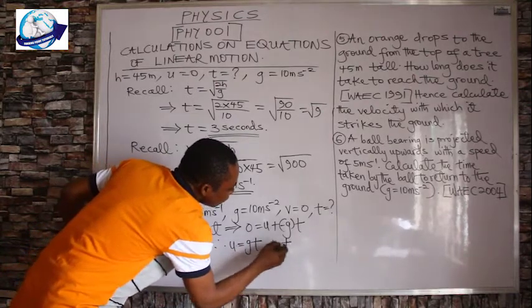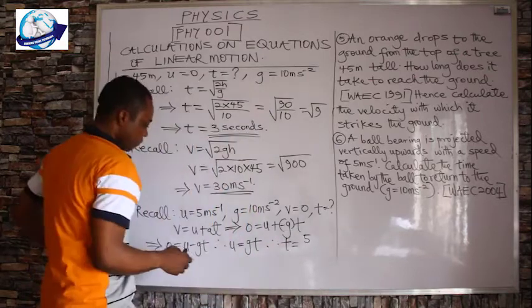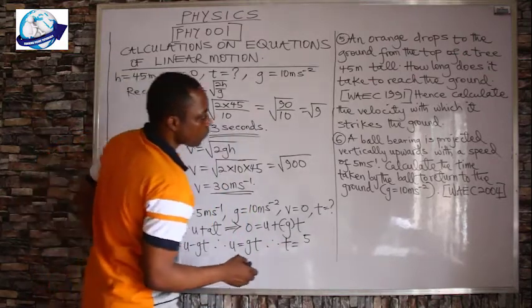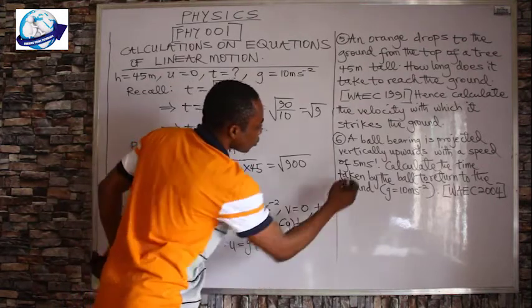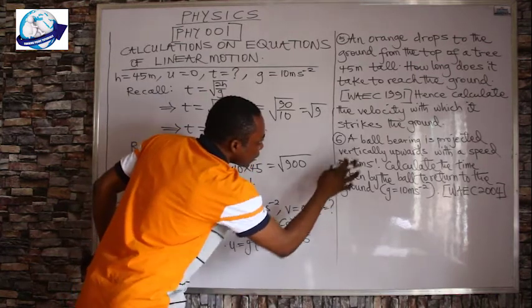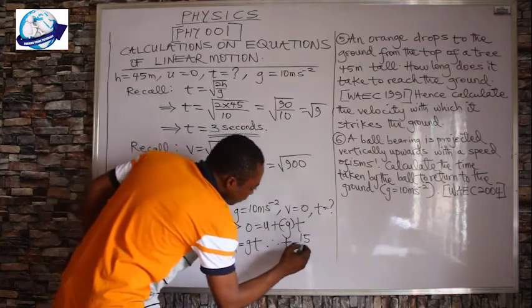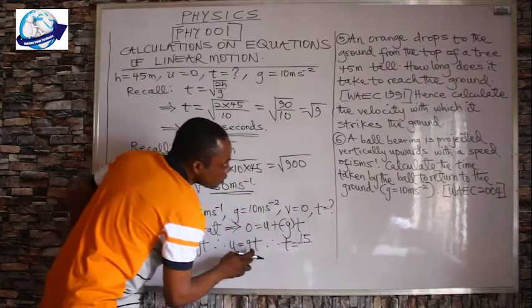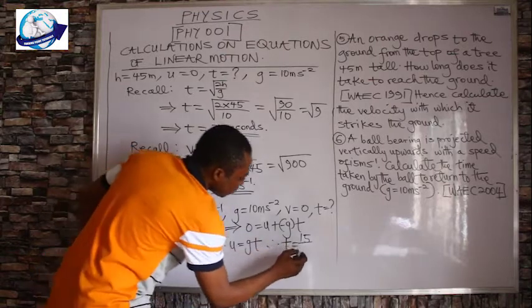Therefore, our time is equal to 5, or 15. Okay, sorry, this question is 15 meters per second. Then we say t is equal to 15 over g, and g is 10.